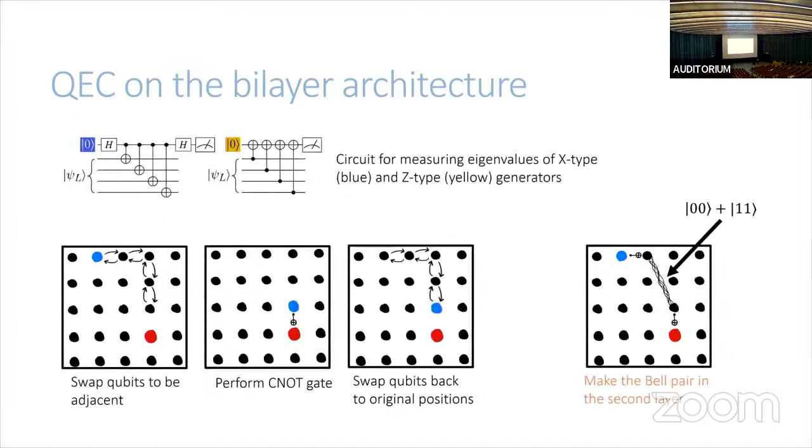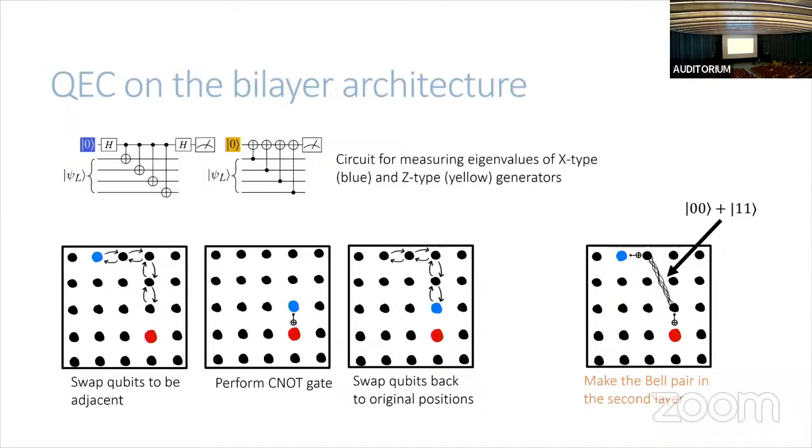So just as a very explicit example, we have two circuits that measure the X and Z stabilizers of some code, and we see that in this basic bare ancilla scheme, we need to interact our ancilla qubit with each of the data qubits. So if we can move the ancilla around, then it's fine because we can just perform these gates natively.